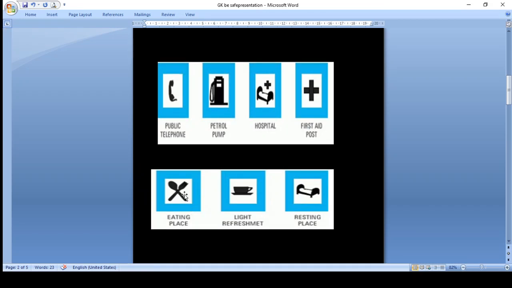Then when you see a fork and spoon, that is an eating place. Whenever there is a cup and saucer, there is a small restaurant where you can take light refreshments, right? And this means nearby there is a hotel or cottage where you can take a rest. So this type of symbols you can also see on the road.